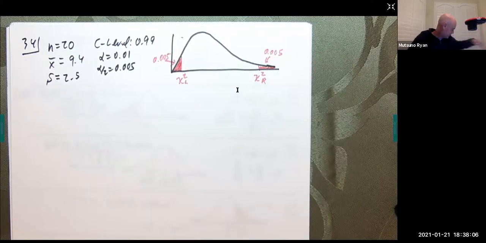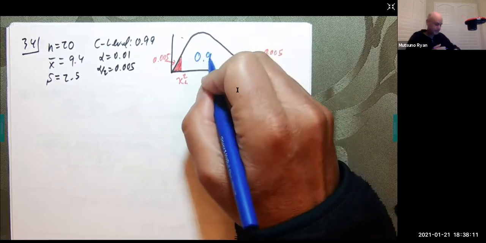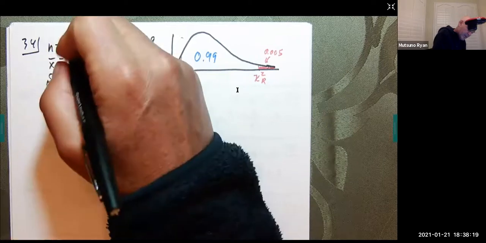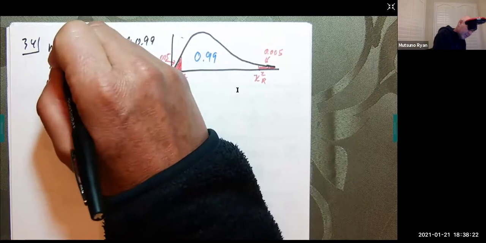And in the middle is our 0.99. All right, so with the chi-squared, we need degrees of freedom. And so based on n, our degrees of freedom are going to be 19.